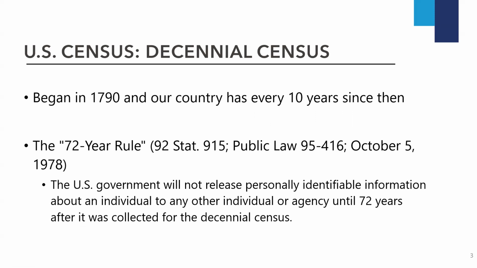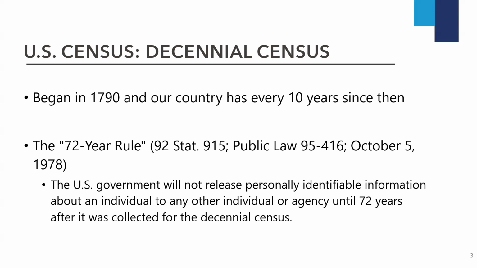This began back in 1790, and we conduct what is called the decennial census every 10 years. It is highly confidential, except after 72 years, you can actually look up the public records that have identifiable information.